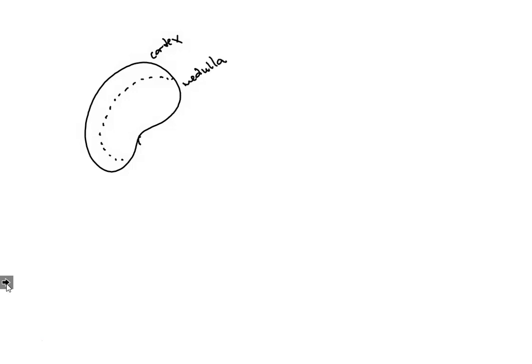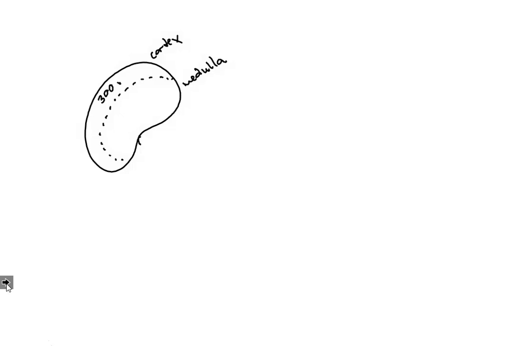And our next drawing is about the concentration gradients and how they're maintained within the kidney. So here is a kidney, and here's the edge of the cortex to the medulla. And there is a consistent concentration gradient that is maintained within the kidney.